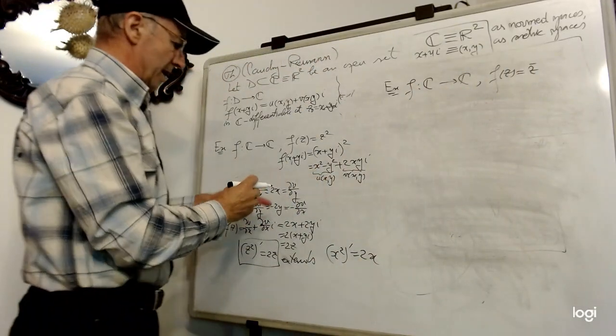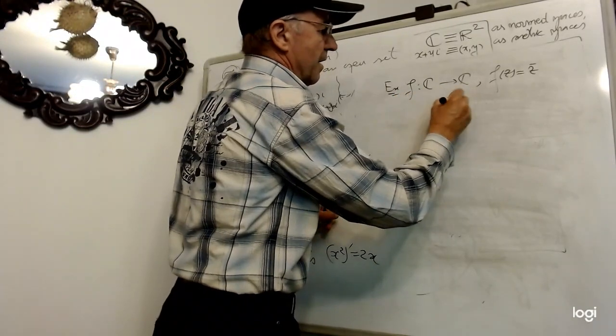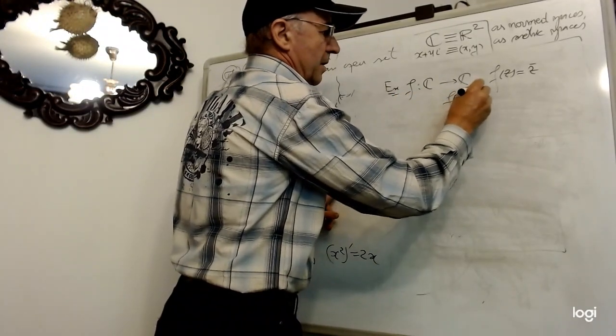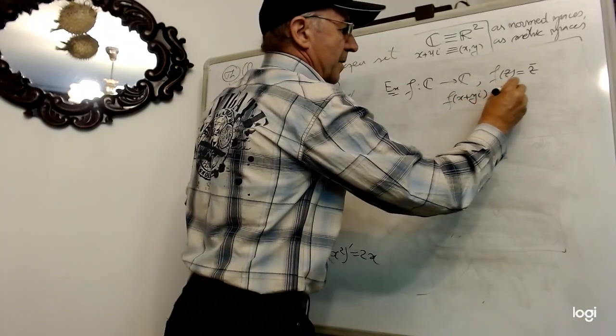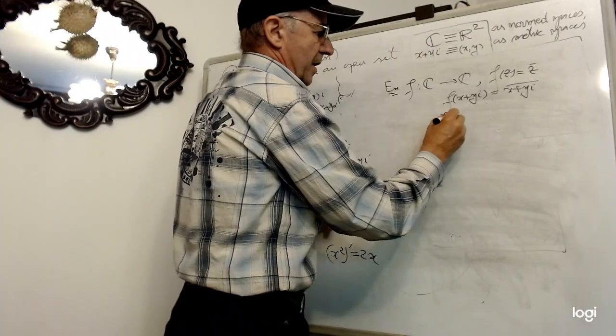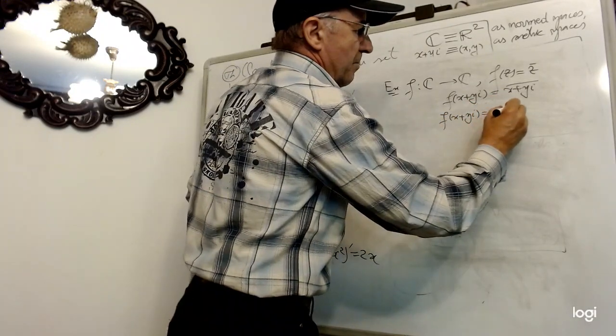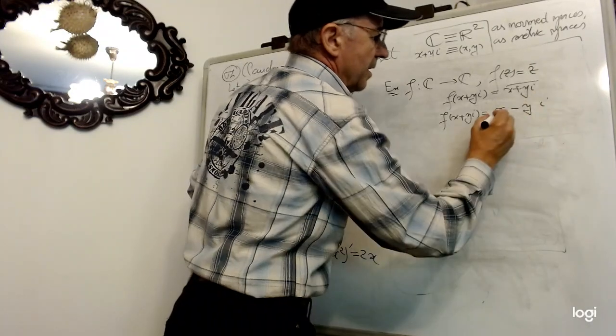We have to identify the functions u and v. In this case, f of x plus yi is x minus yi.